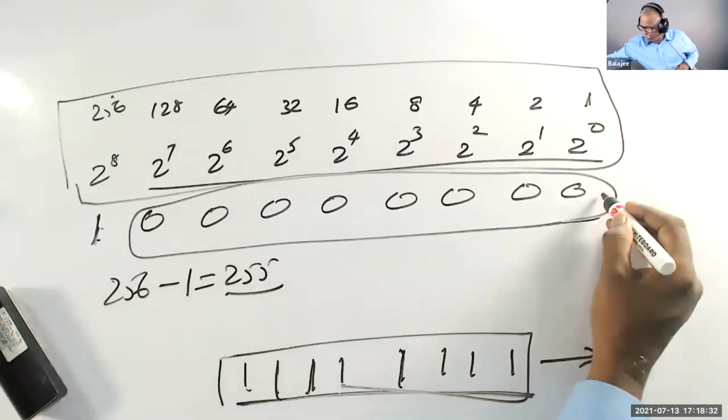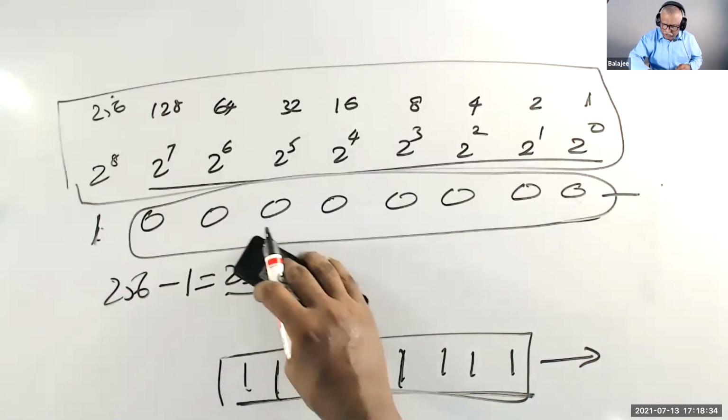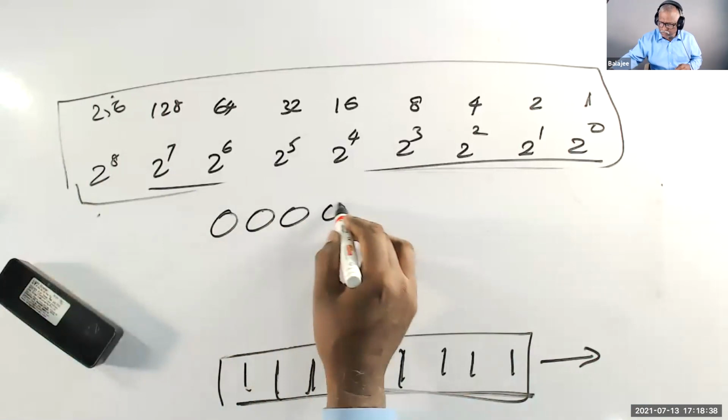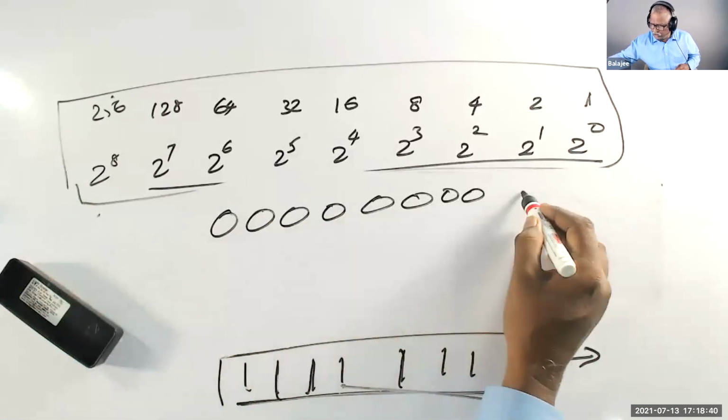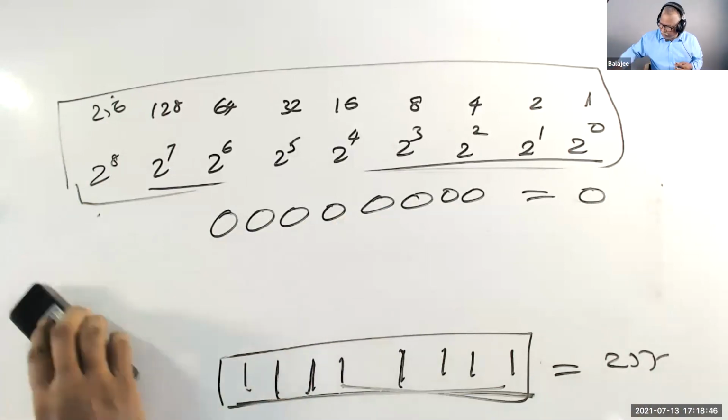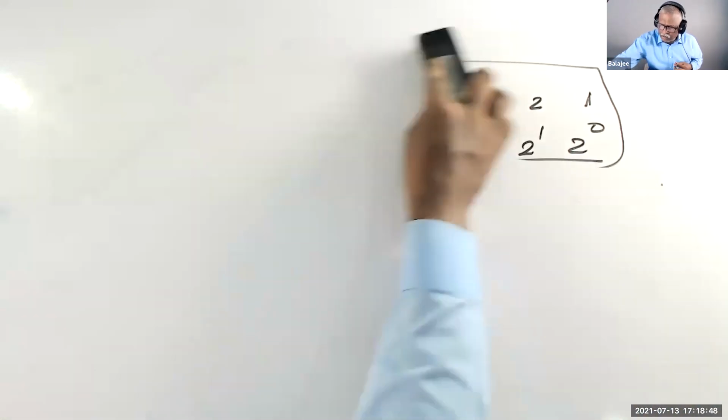So this number is 0. The smallest 8-bit number is 0, 0, 0, 0, and so on, equal to 0. The biggest number is 255. I can write this another way also. Here, see here, I write this way.